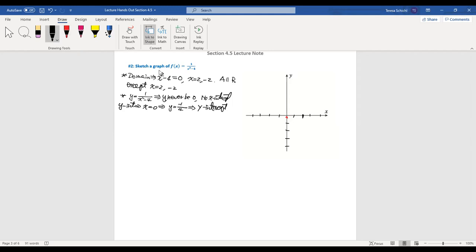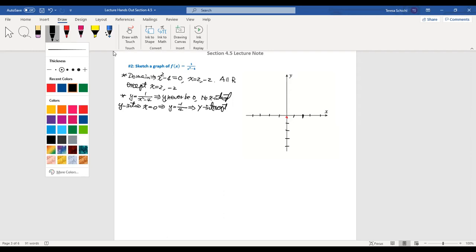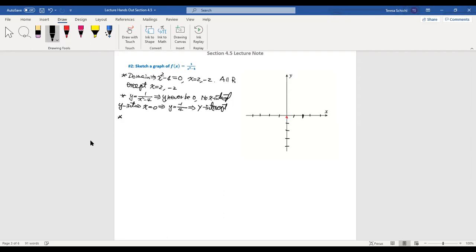Now let's see what other information I can get. Let's check whether this function is even or odd. f of negative x is equal to 1 over negative x squared minus 4, which is equal to 1 over x squared minus 4. This is equal to f of x.